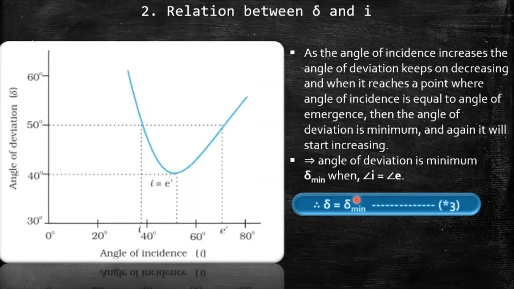There has to be a certain minimum deviation, and this is the minimum deviation that we are about to find out in the 4th step. Which leads me to the question: how did you even understand that I is equal to E? And also, what about R1 and R2 then? Are they somehow related to each other when I is equal to E? Well, let us now prove all our points.